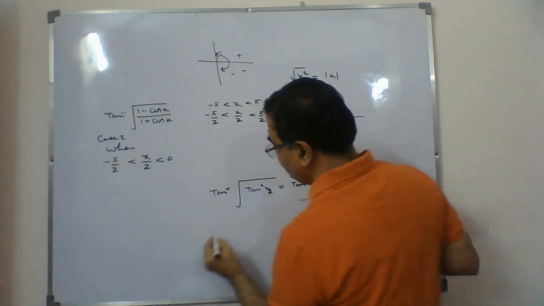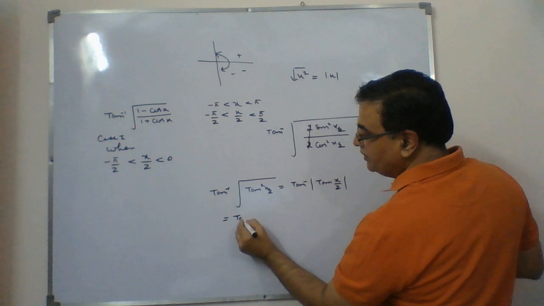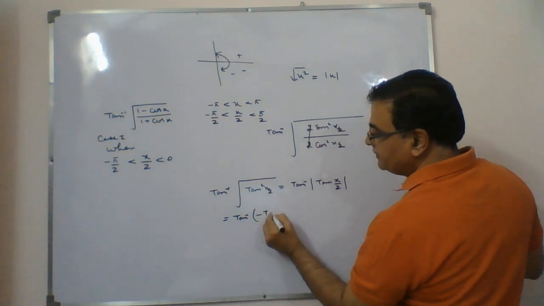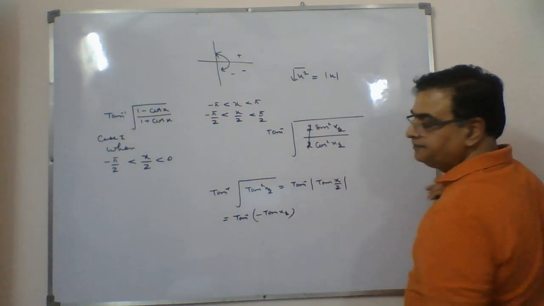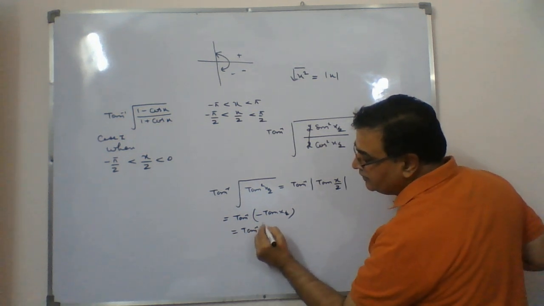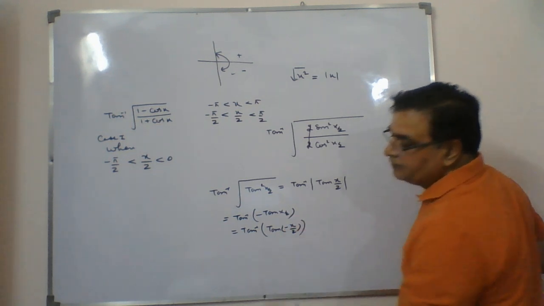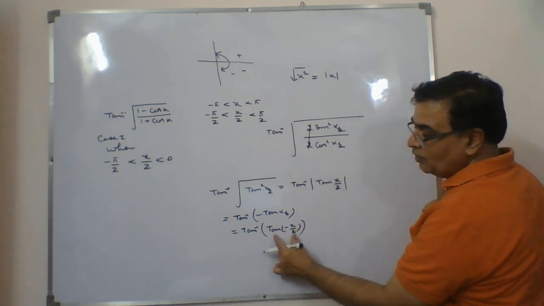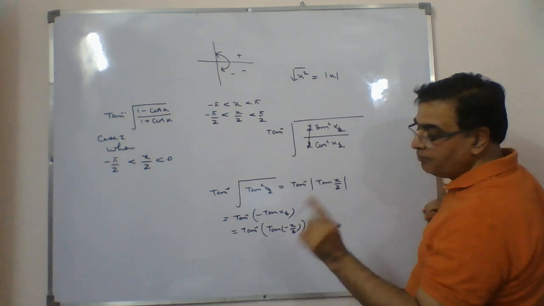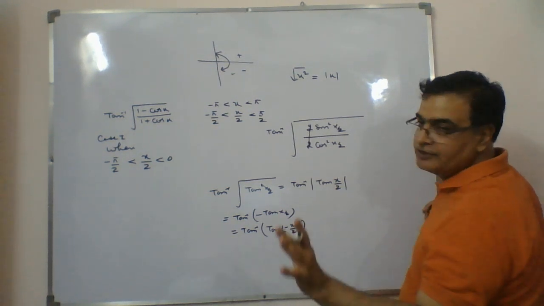So in case 1, this will become tan inverse of minus tan x by 2, which is tan inverse tan of minus x by 2. Now it is tan inverse tan theta. Theta should go between minus pi by 2 and pi by 2. If it does, then we can say this is the answer, otherwise not.